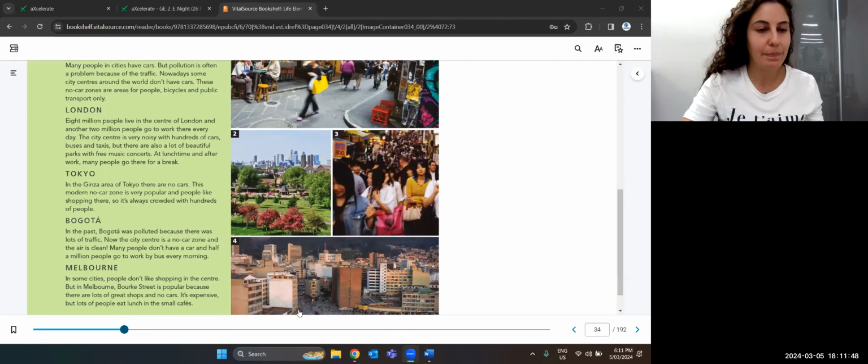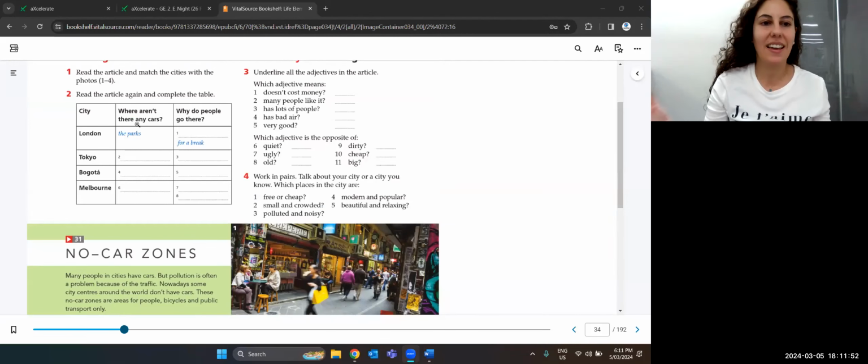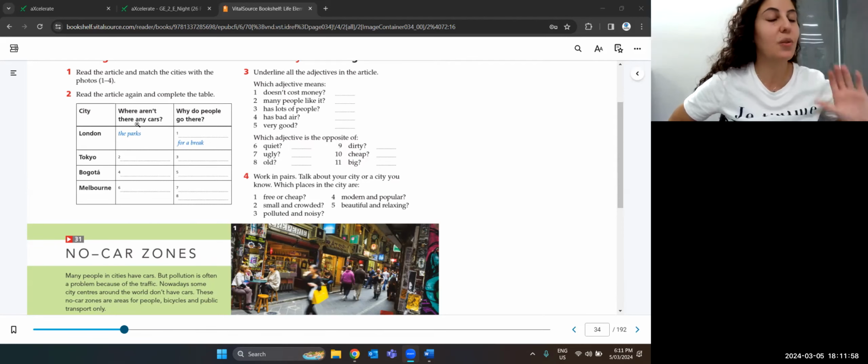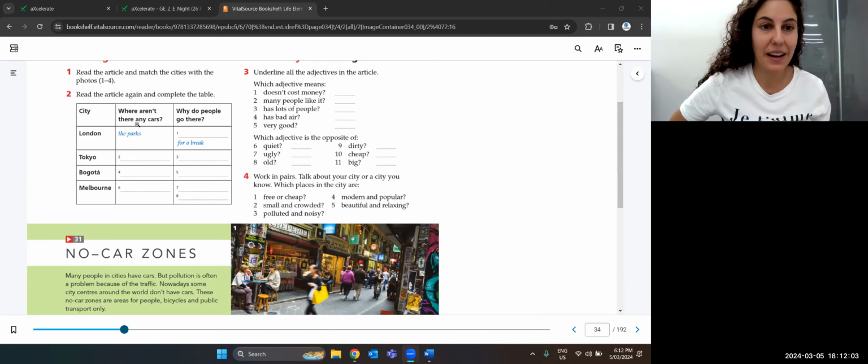Okay, so let's get back into what we were looking at. We just read the article about no car zones, and we looked at all these places. So, why aren't there any cars in London? That's in the parks.